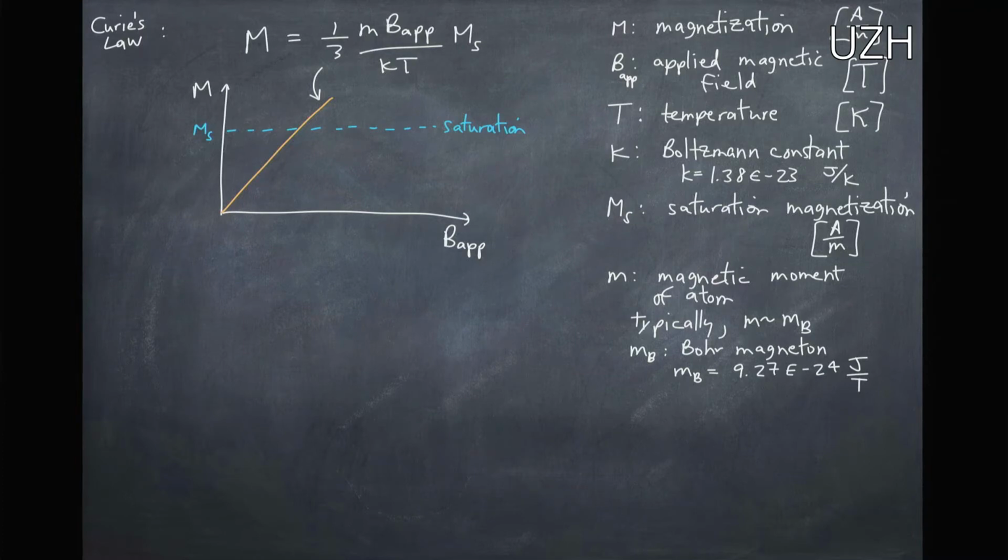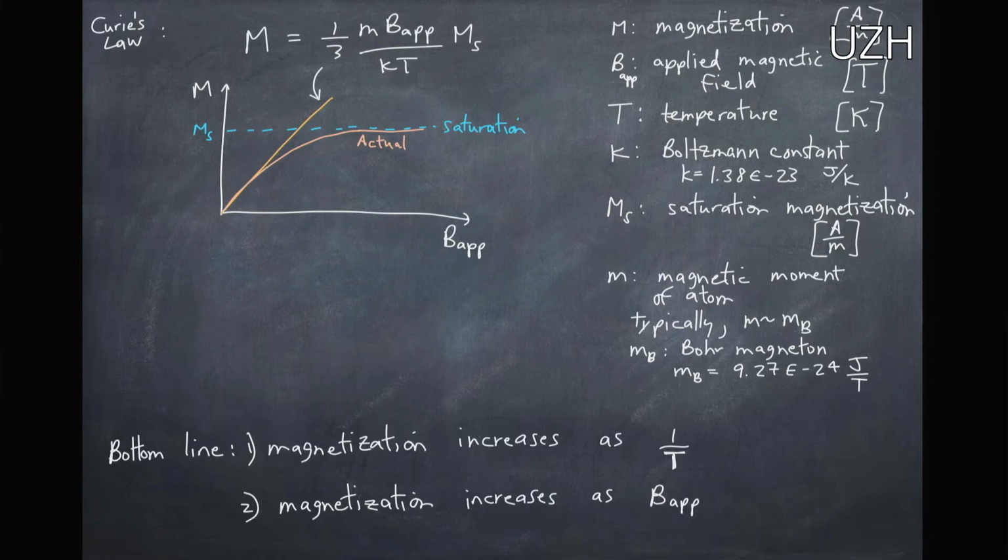In actual practice, this formula isn't quite right. The actual magnetization sort of approaches this saturation value. But this is a pretty good relationship. It's linear over much of the magnetic field that's applied.